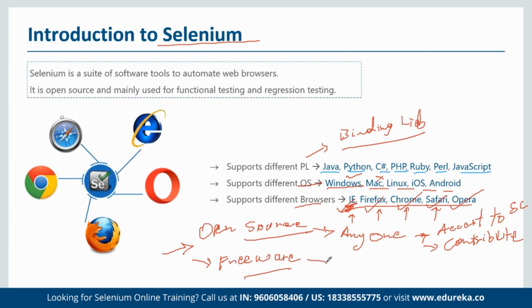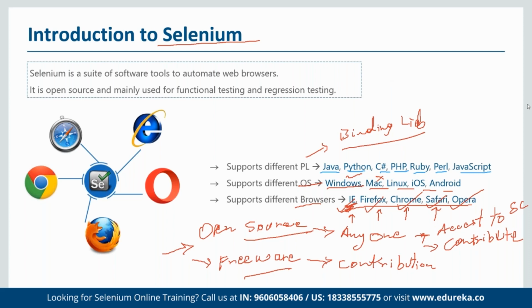Whereas a freeware tool may or may not allow you to contribute. A freeware tool can be open source, or it can be designed by a group of people but not allow the source code to be available to all in general. So that is the main difference.